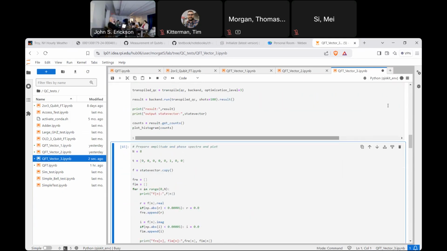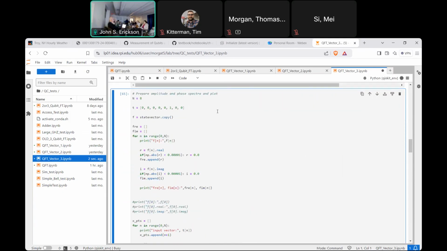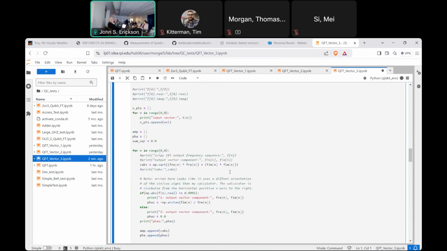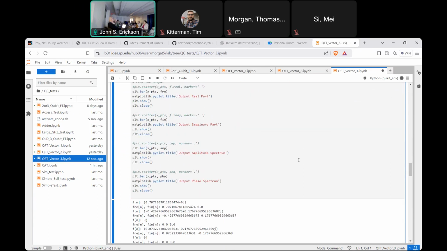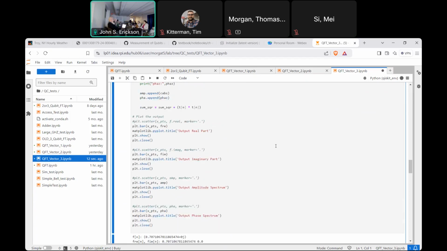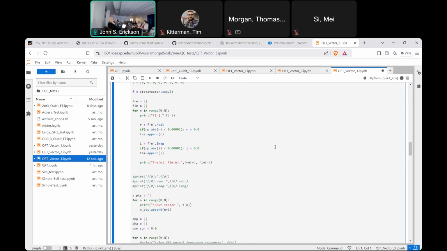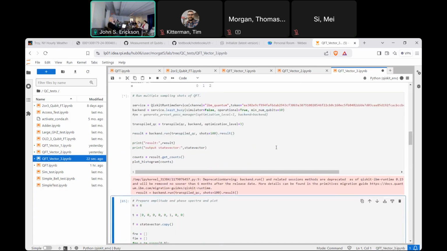And so it's starting to run again. Now this code here is just simple Python code for computing and plotting the amplitude and phase spectrum, and also the real. This is just pure Matplotlib. It's nothing startling.